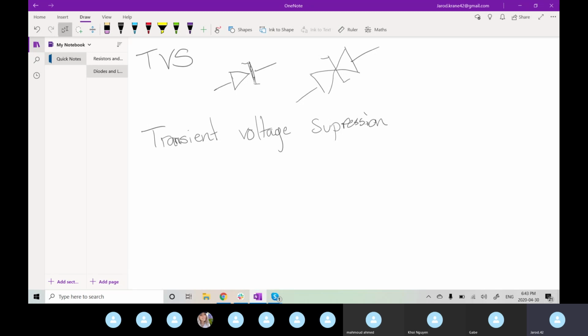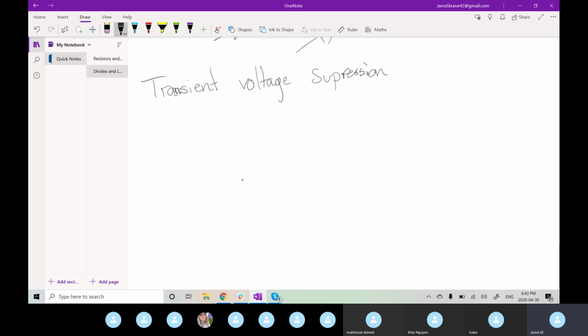It does the same kind of thing as the Zener, where once there's a voltage greater than what it's rated to, it gets clamped, so the current path goes through the diode instead of the system. However, it is more used to suppress the transient voltages, which are the instantaneous voltage spikes that are magnitudes above the actual voltages that are seen in your system.